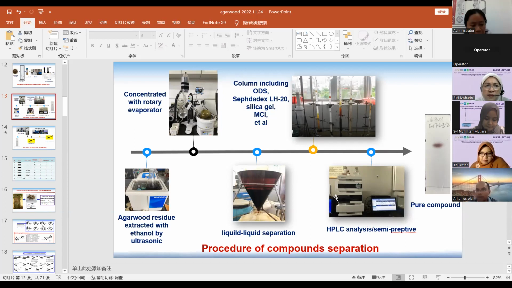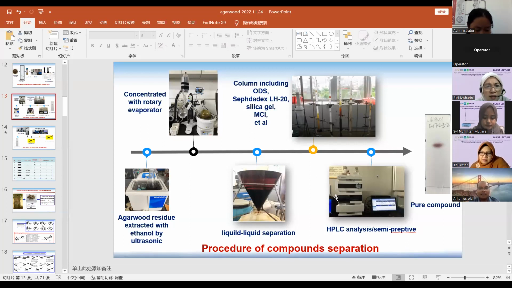What's the name? I cannot remember very clearly now. But it's a solvent, usually methanol, water, and also acetonitrile.